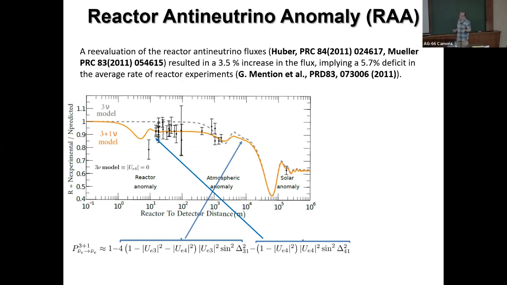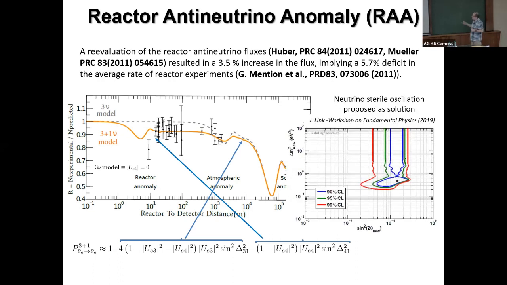And we can see again that we can explain this deficit using this hypothesis of sterile neutrino. This is the other anomaly related to sterile neutrino, the reactor antineutrino anomaly. Here is the allowed parameter region.